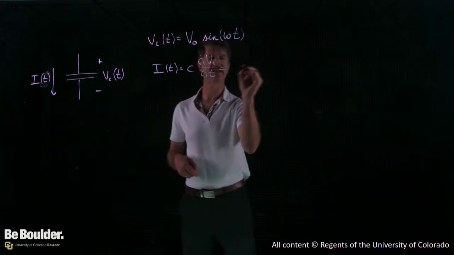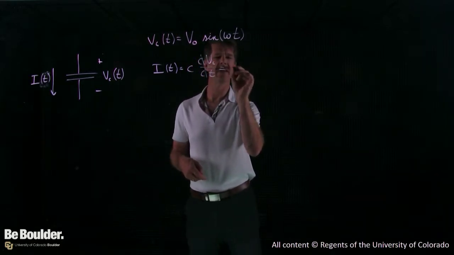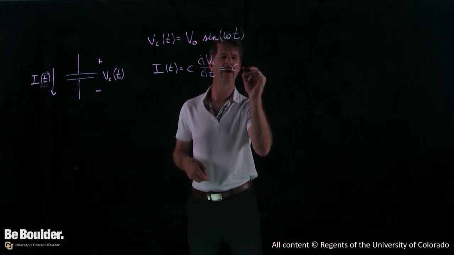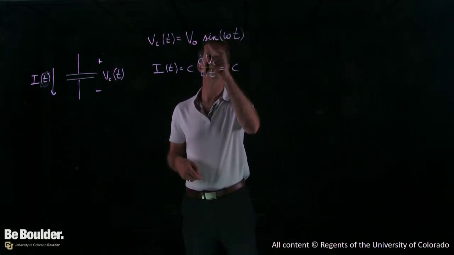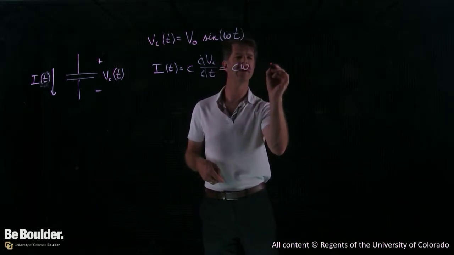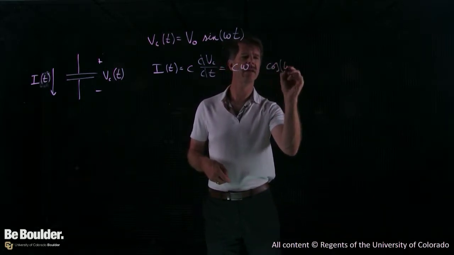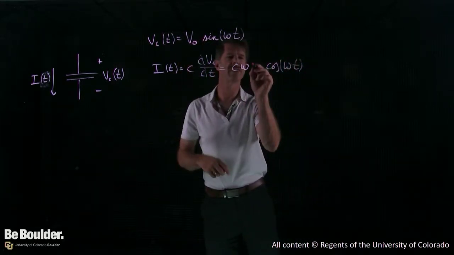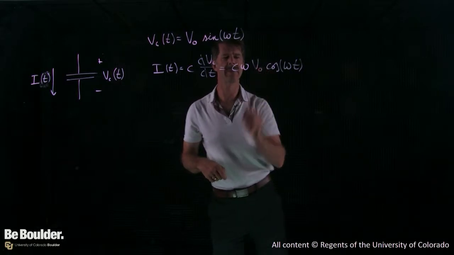So let's keep the capacitance. I'm going to take the derivative. If I take the derivative of sine omega t, I'm going to get omega coming out, cosine omega t, since the derivative of sine is omega cosine. And I've still got the amplitude of that sine wave.